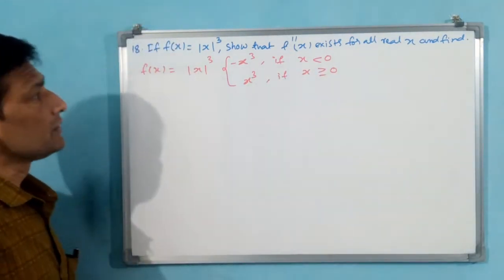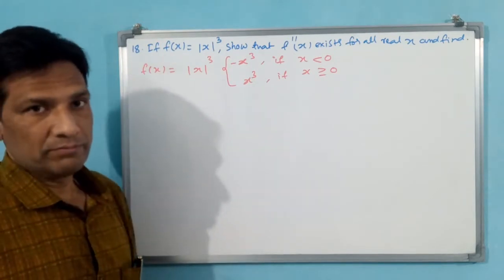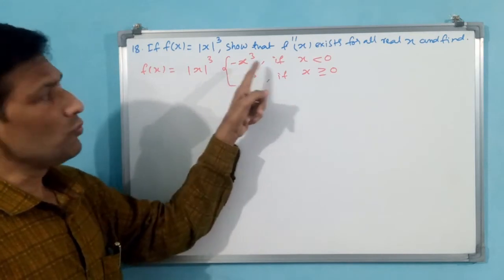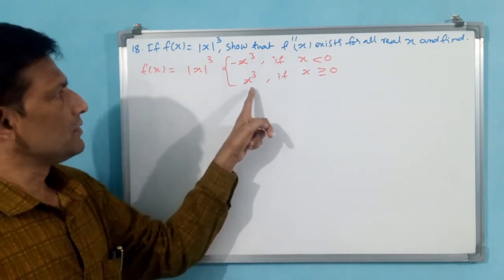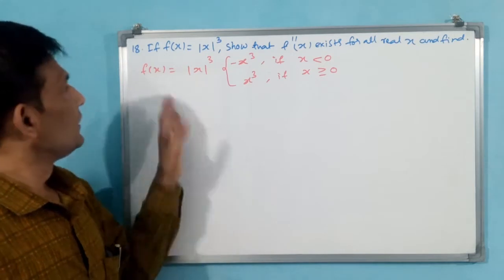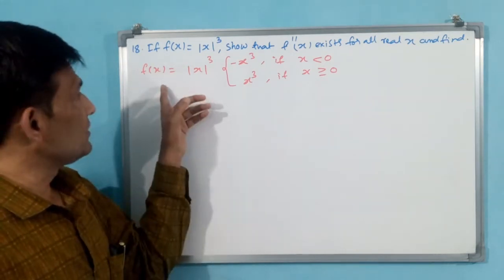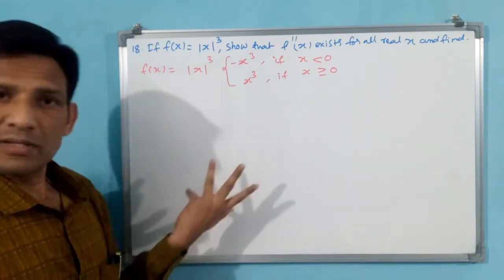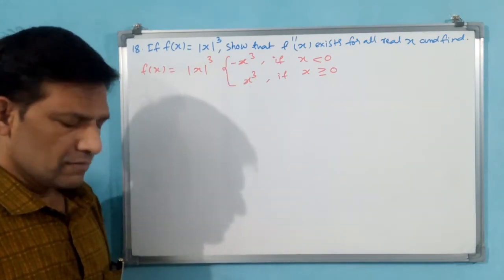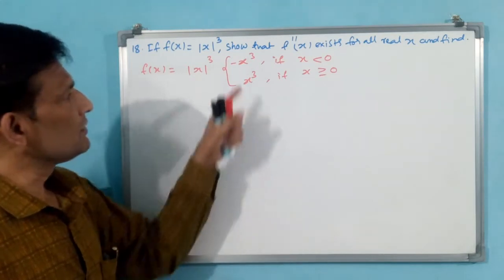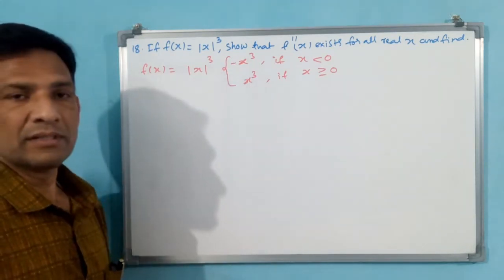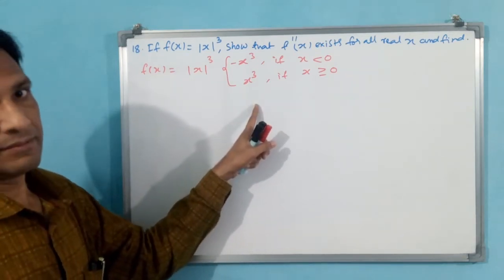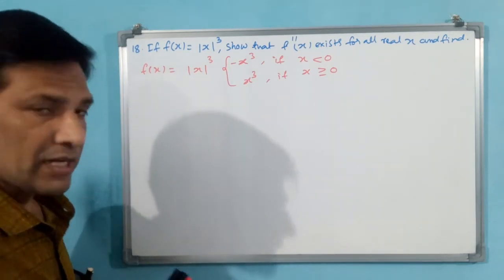First you see the f of x value: minus x cube is coming when x is less than 0, plus x cube when x is greater than 0. When these values are there, we can derive, first derivation, second derivation we can do. Because these are derivatable. You have received the answer.